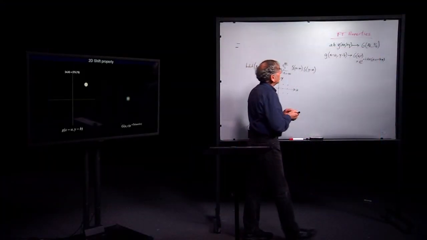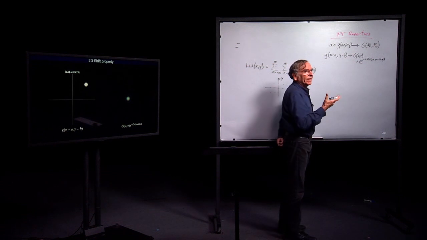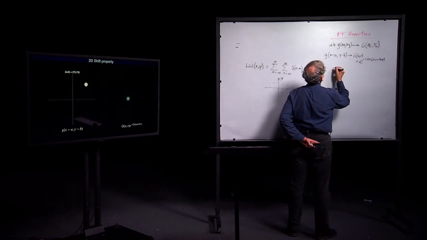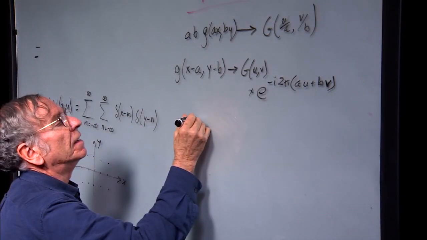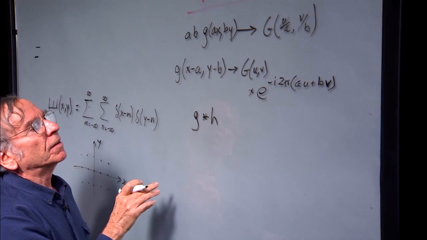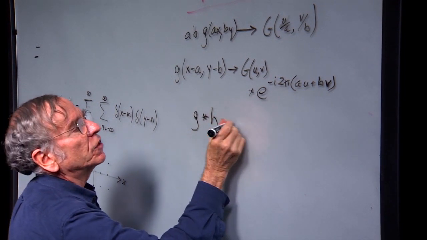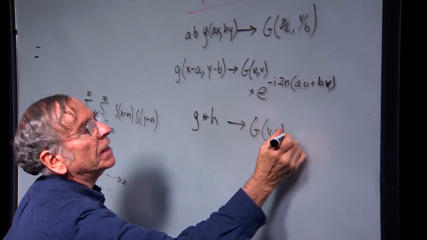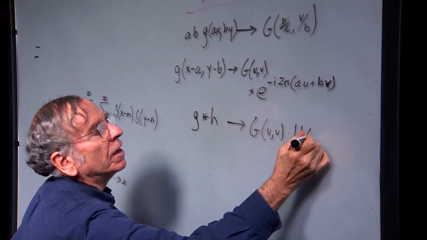Okay, so another property that we really like and that we talked a lot about last time is the convolution property. So if I have g convolved with h, now these are functions of 2 dimensions, that just gives us G of u v times H of u v.